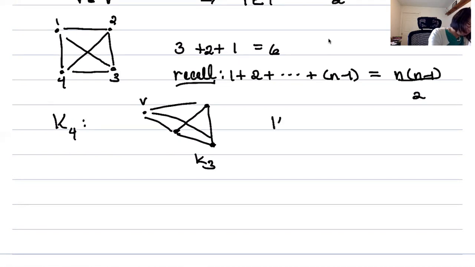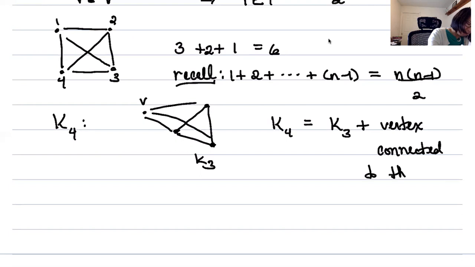So K4 is equal to a K3 plus a new vertex of degree 3 that's connected to the old ones. The old ones are the ones in the K3.